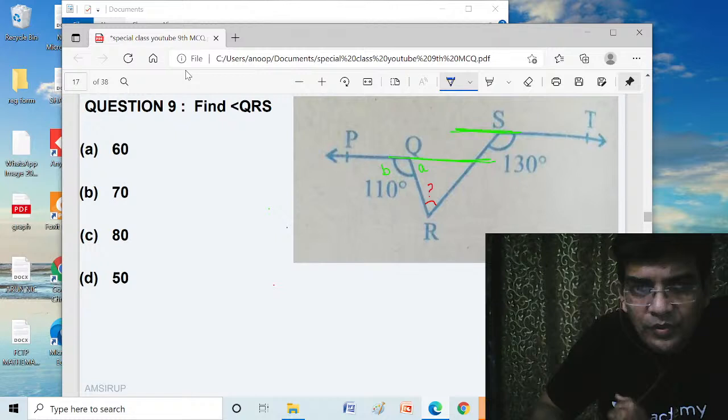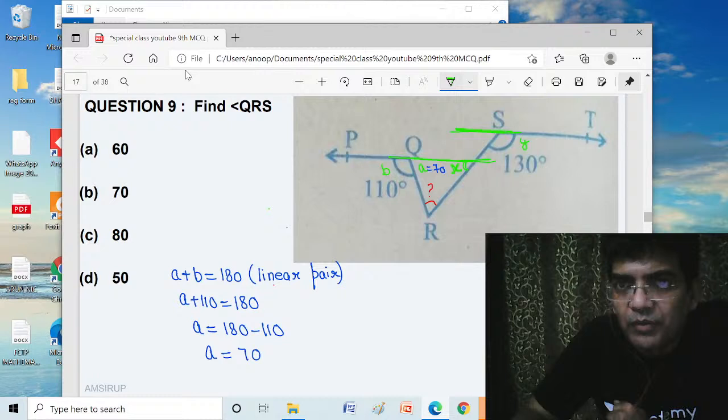I'm marking this angle as X, since B is already marked, and this 130 as Y. Now, I will try to write the relation between X and Y. Can you create the relation between X and Y?